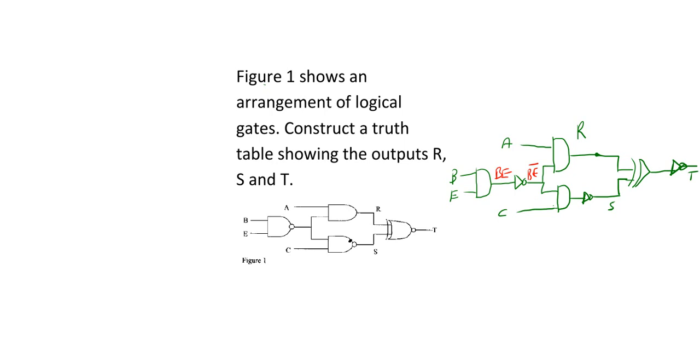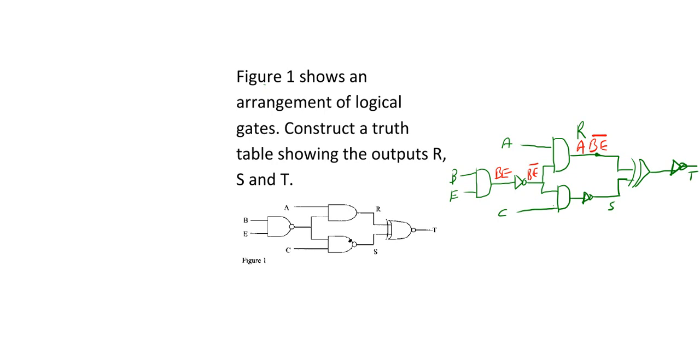Then after that, we have this gate. We combine this output here with A as inputs to our gate. So at the end we are getting A and BE complement. We combine A and this output here to get R. So this is the expression for R.